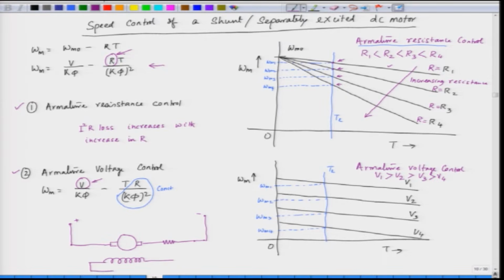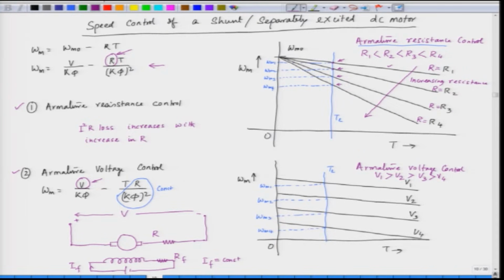We apply a constant DC voltage here. So, the field current is almost kept constant. So, I F is constant, and having I F constant, and the armature circuit resistance constant, what we do here, we vary the applied voltage. So, we vary this V.